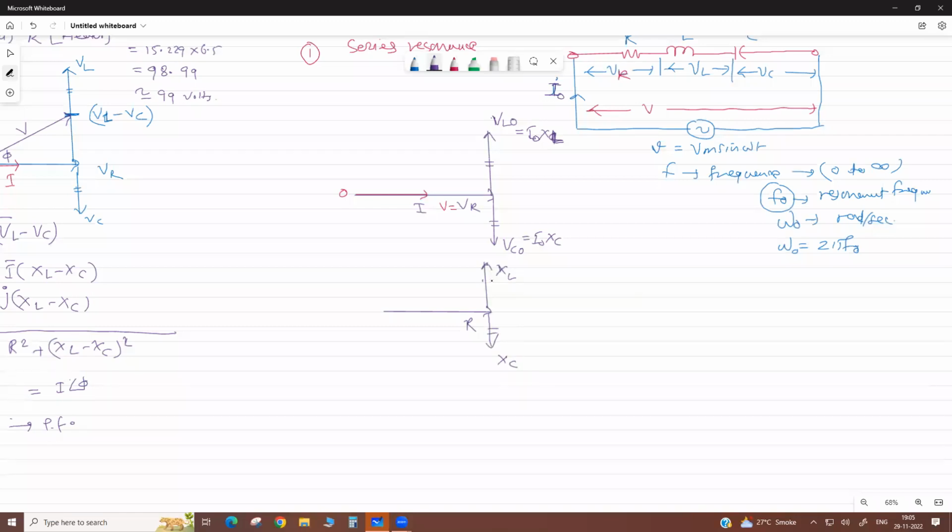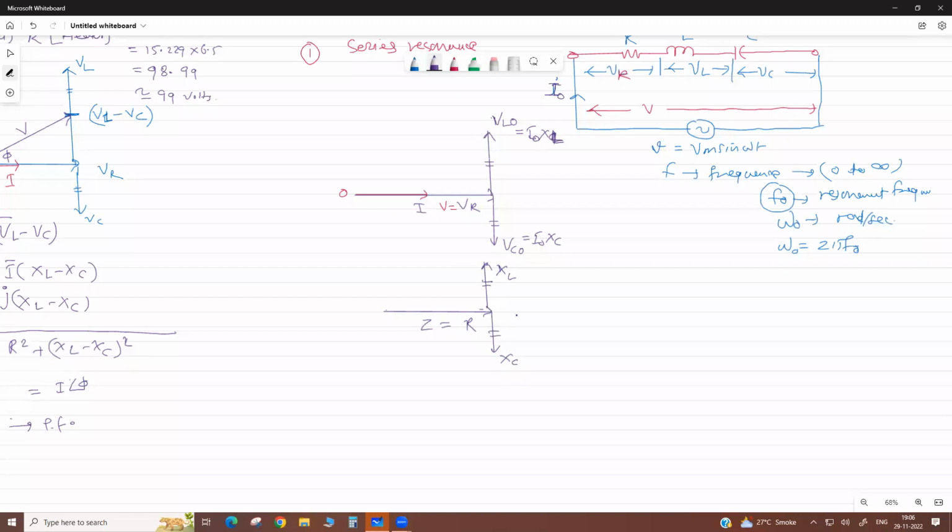They are equal and opposite, so XL minus XC is 0. Then the total impedance is Z equal to R only.